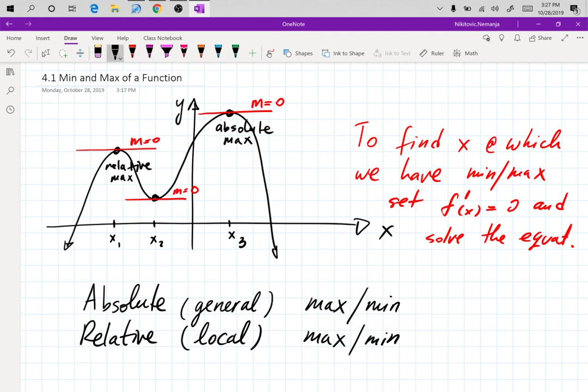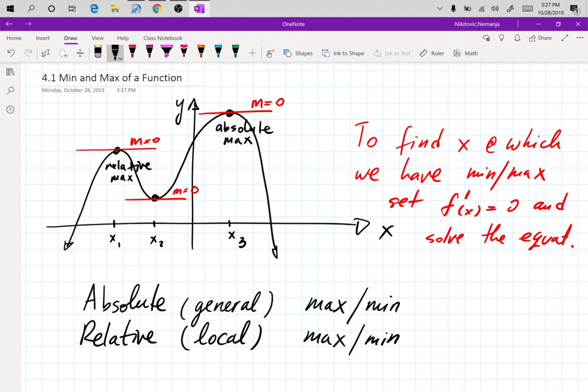What kind of a minimum do we have? Some of you say relative, some of you say absolute. You have to just pick one and tell me why you believe so. Absolute, because it's the only one there. The absolute would be negative infinity, right?